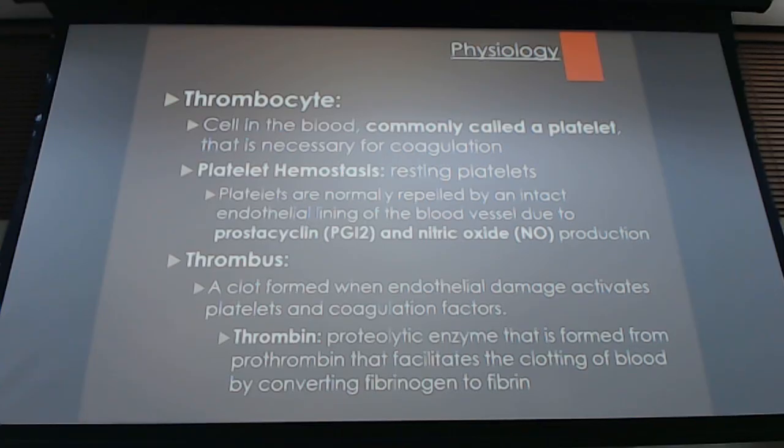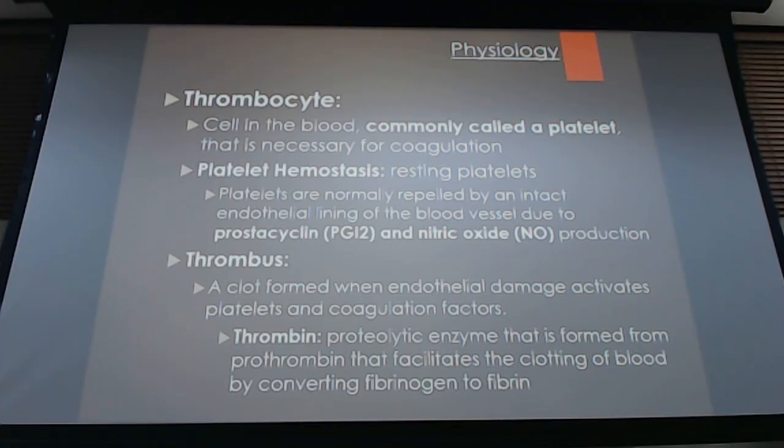So our thrombus is the clot that we form whenever we have damage to that endothelial lining. So I've activated those platelets, I activated the coagulation factors because I want to plug this rip. I'm trying to stop this from leaking. Okay, so think of it as it's trying to make a patch, trying to cover up whatever that cut was that happened there.